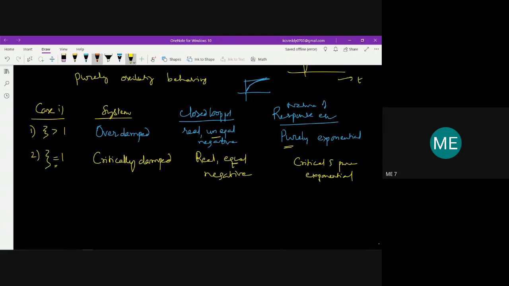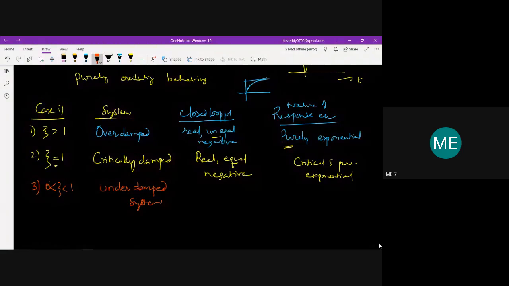Now moving to the third one, which is zeta less than 1, that is, 0 is less than zeta less than 1. In this case we call it an under damped system. Because zeta is less than 1, the roots, the closed loop poles, are complex conjugates.